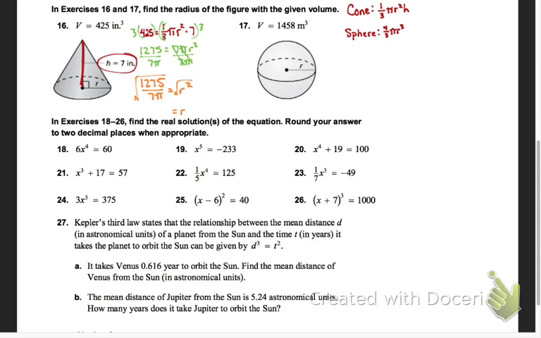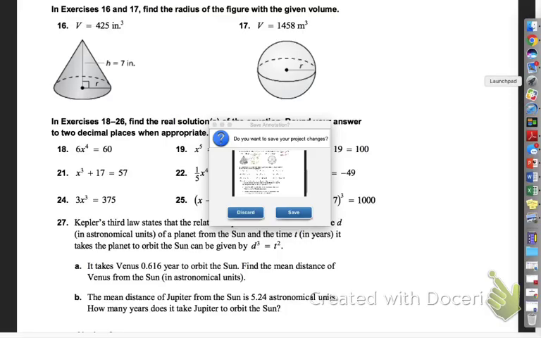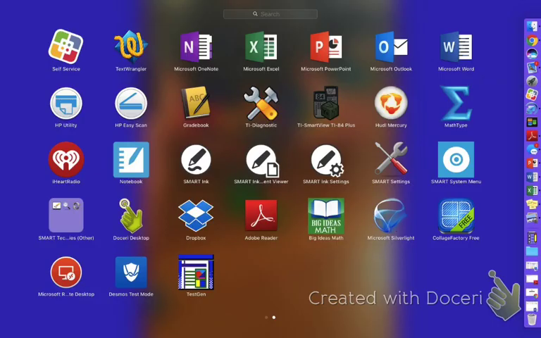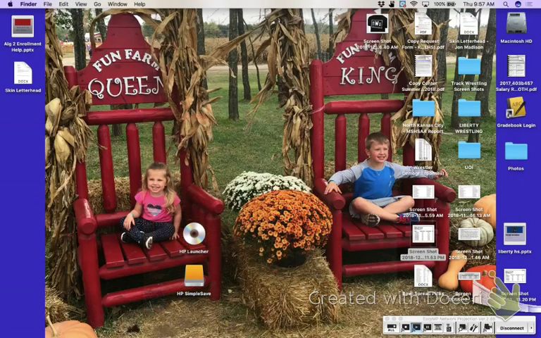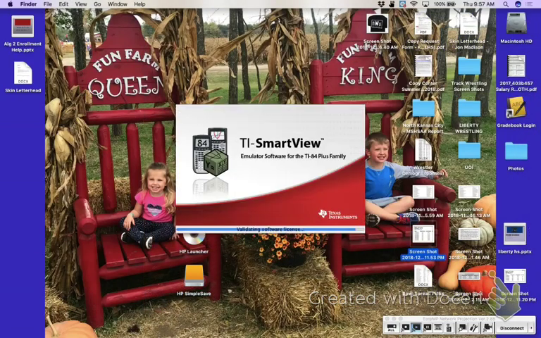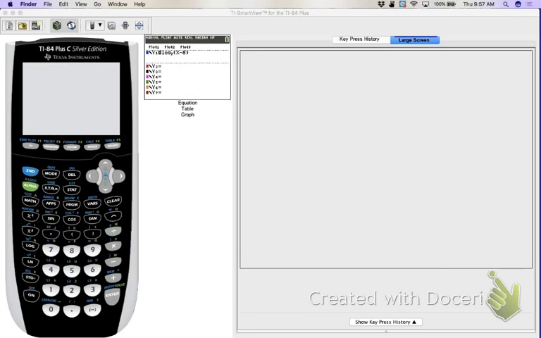Does that make sense? So if I have the 1275 divided by 7 pi, I want to make sure that whenever I hit the square root button, depending on what I have, whenever I can get this to come up, there we go.